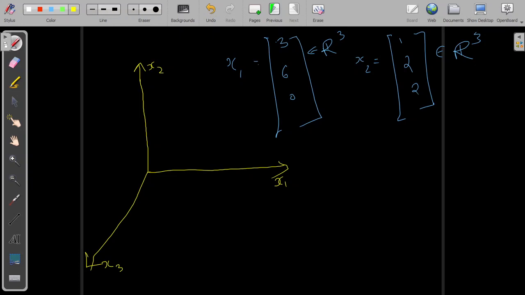Now I am representing x1 in this three-dimensional space, that means 3 6 0, with x3 equal to 0. Let me consider it in this manner: this is x1, this is x2, and this is x3.